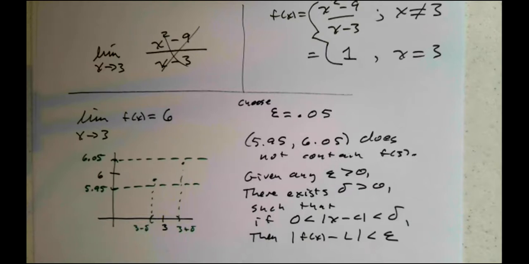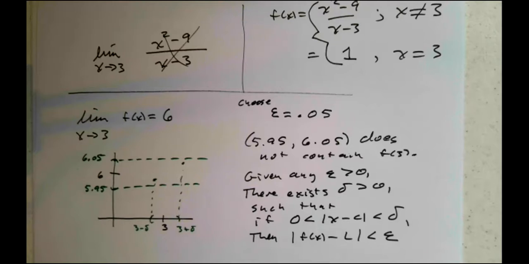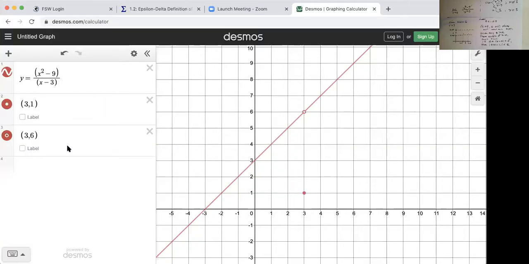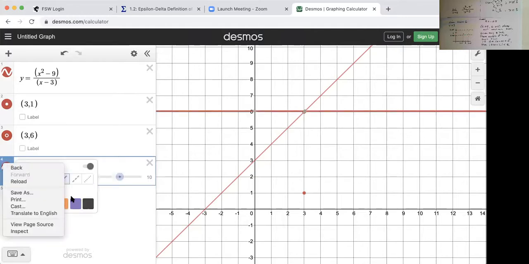Okay, so we want to find out what the delta will be so that it stays within that ribbon of 5.95 to 6.05. So let's do that. Go back to Desmos. And we need y equals 6.05, which I'll make green and dotted.